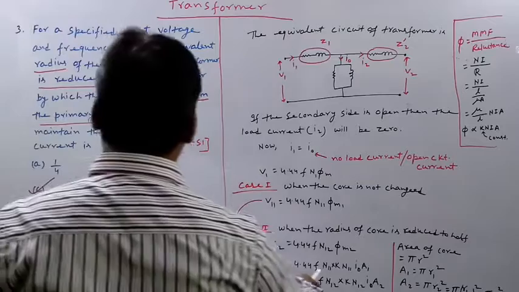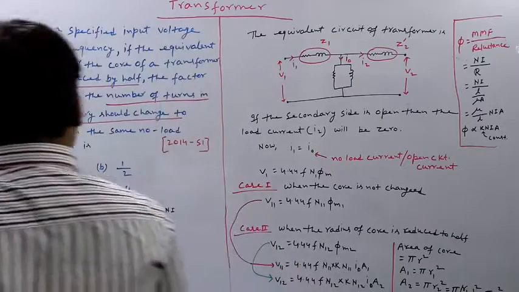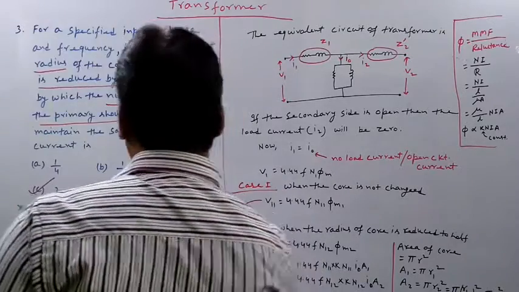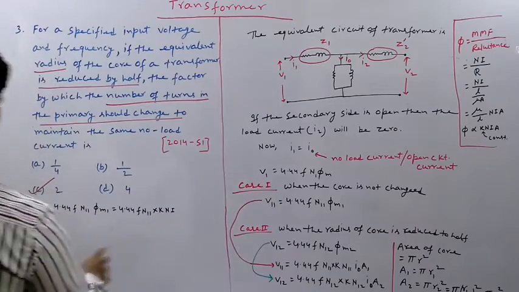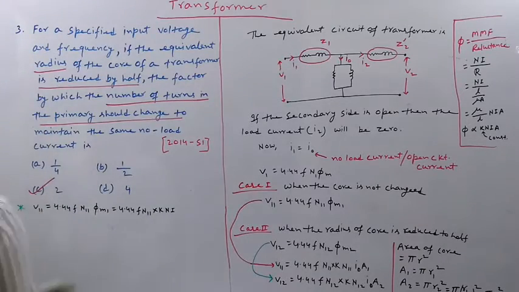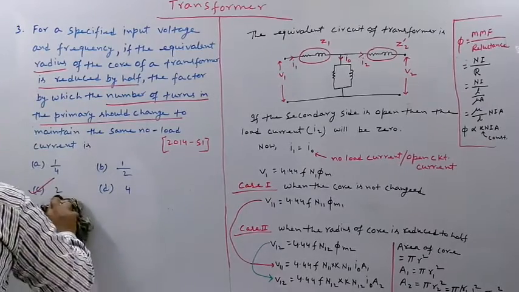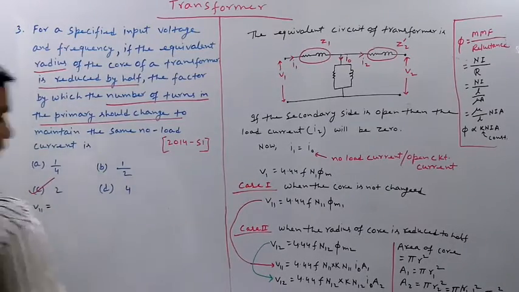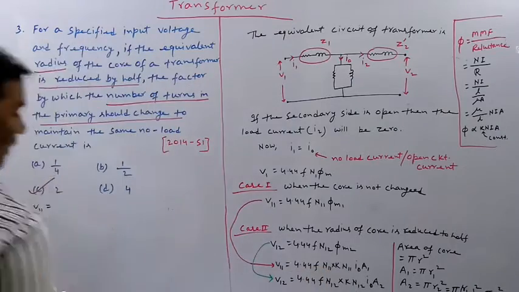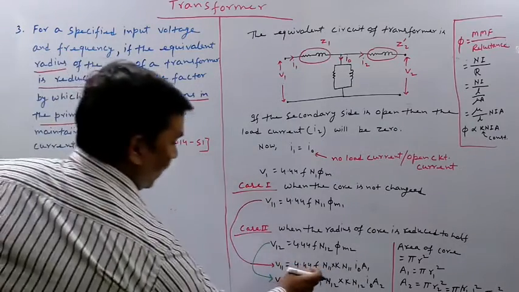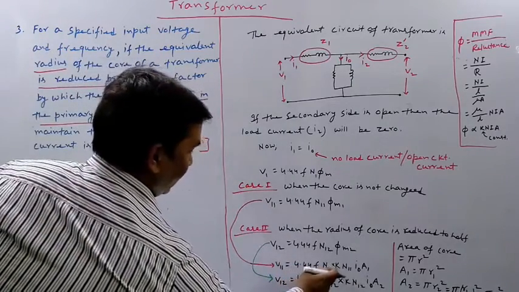Here I have calculated the value, so there is no need to write it again. So let me write it like this from here. So V11 will be nothing but 4.44 f.